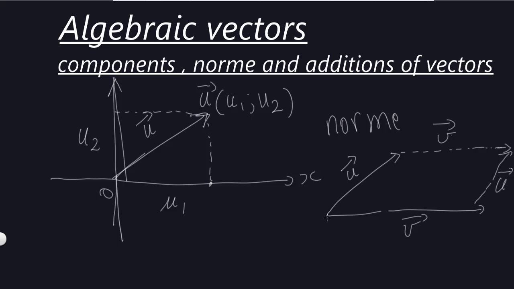And then we draw the line here. So this is called vector component, or component of the vectors u and v. So it will be written like this. All right. Now let us try to work on it.